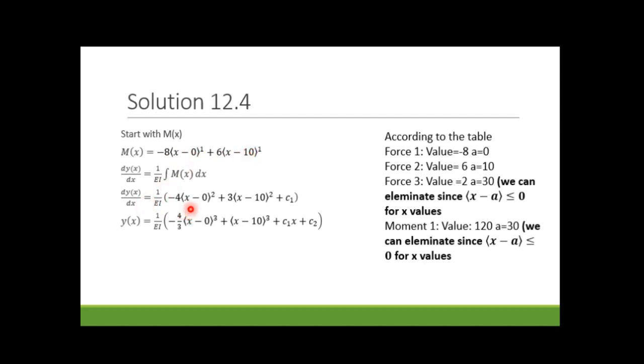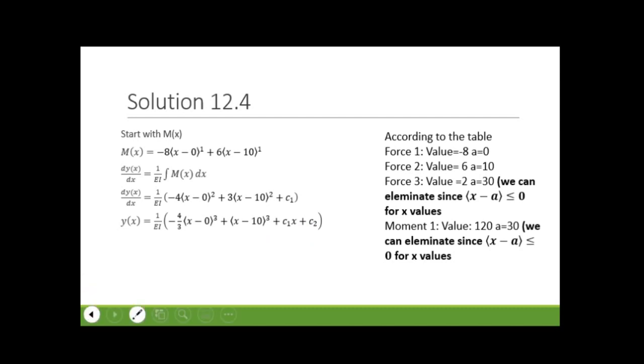With one more integration, I obtain this, where the power is increased by 1 and divided by 2. The C1 coefficient appears. One more integration, and I have two integration constants, C1 and C2.